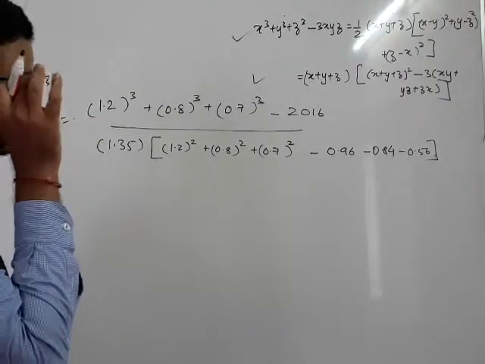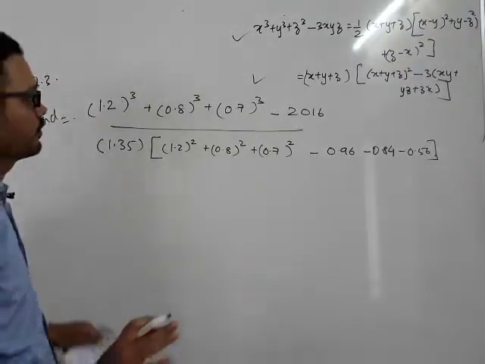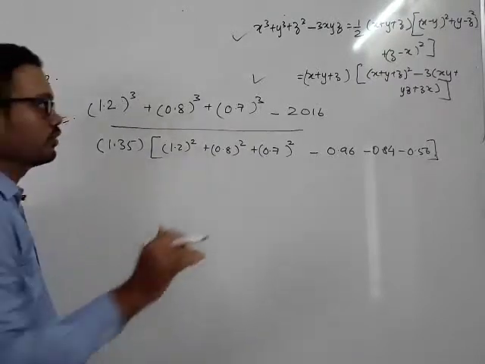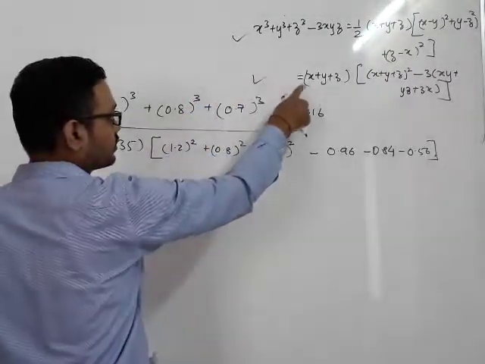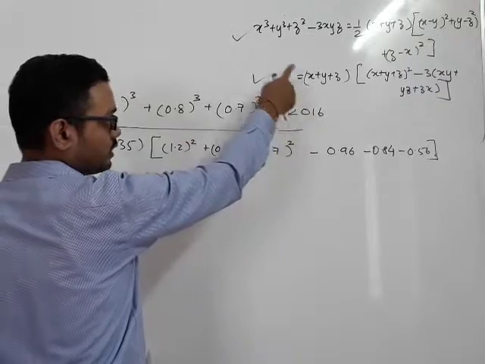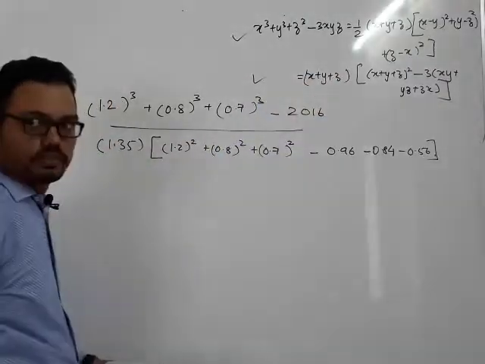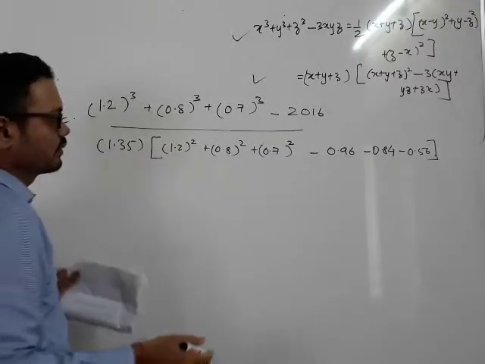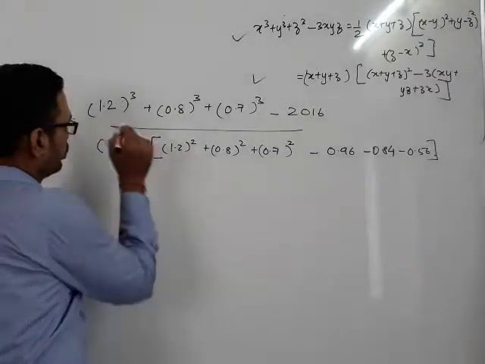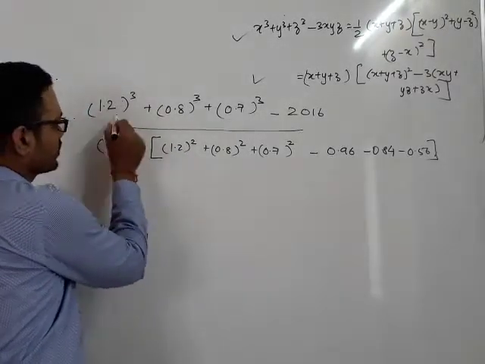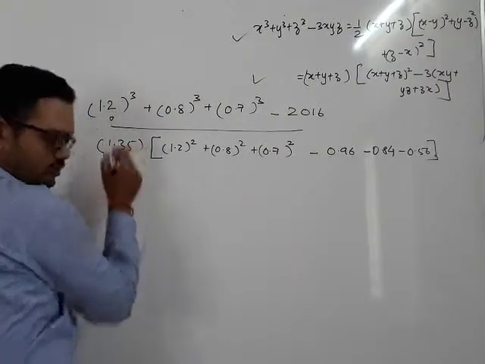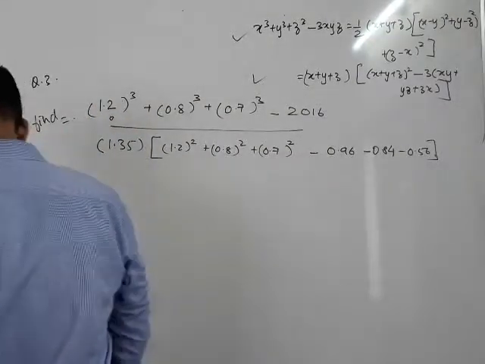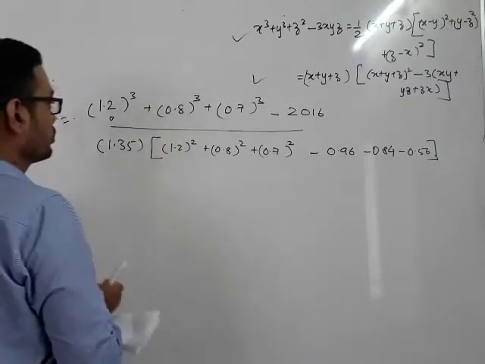Now the moment you see such a question, all you have to do is, in our syllabus there are only two formulas: A cube plus B cube plus C cube in the form of A minus B, and another one is A cube plus B cube plus C cube in the form of A plus B plus C. So please consider this as A, B, C, in order to simplify it.